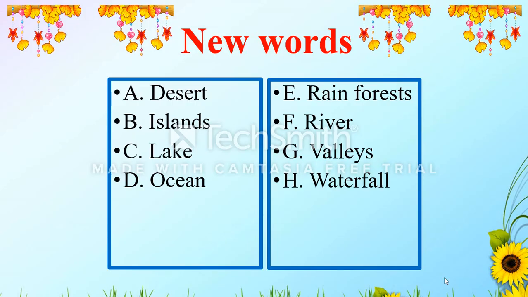Through this part, you have some new words. There are deserts, islands, lake, ocean, rainforest, river, valleys, waterfall.